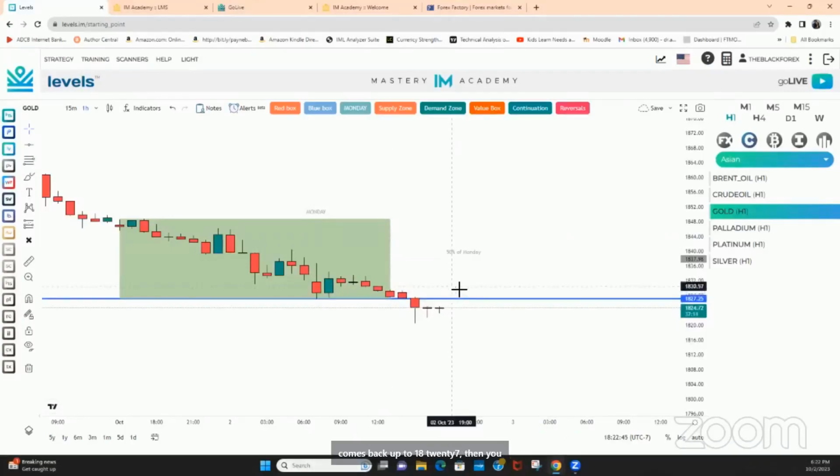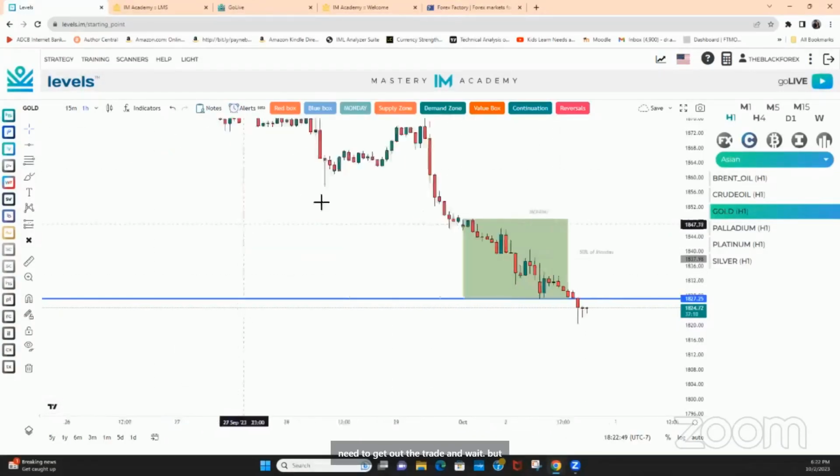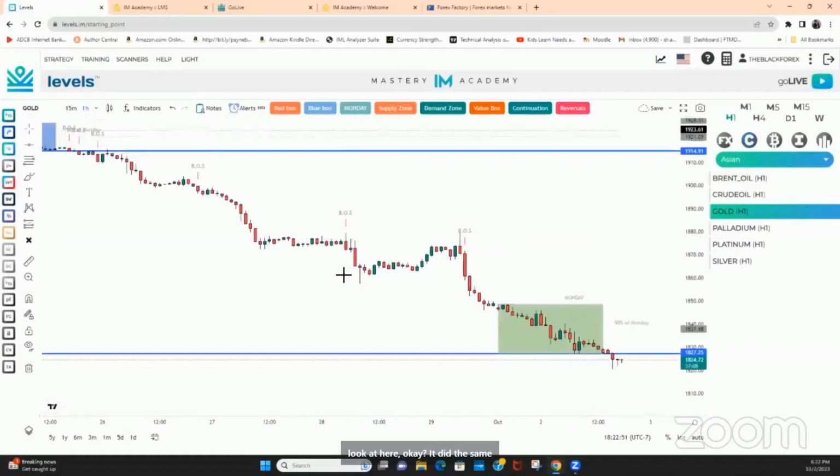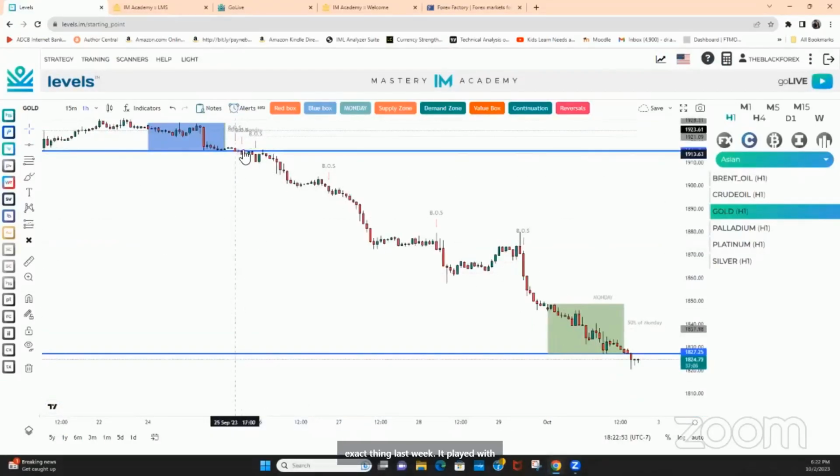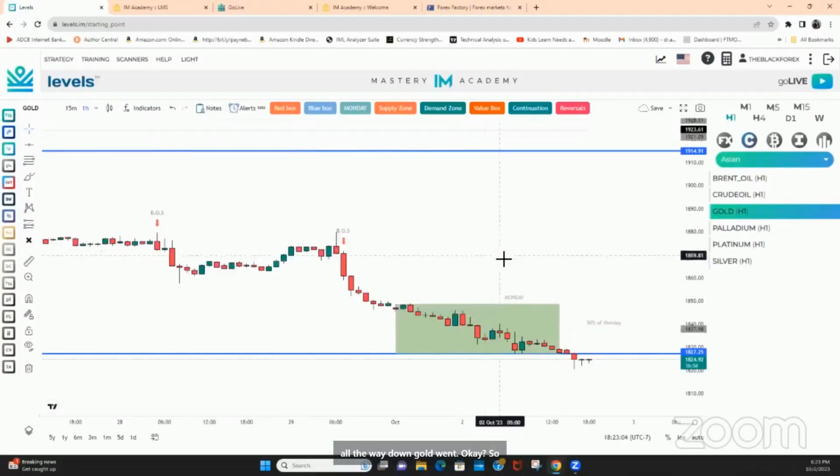If that market comes back up to 1827, then you need to get out of the trade and wait. But look here, it did the same exact thing last week. It played with you, and then it finally gave you a solid red candle with a flat top, and boom, all the way down gold went.